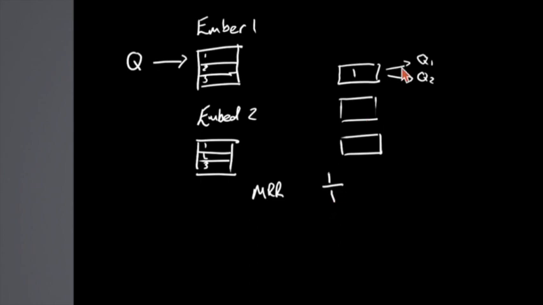If, for example, when we ask the embedding model, okay, which is the most relevant text chunk, and maybe it says, okay, it's the second one, and this one it puts second in the list, then the rank of the ground truth is going to be 2, and the reciprocal rank is 1 over 2. It's going to get a score of 1/2.